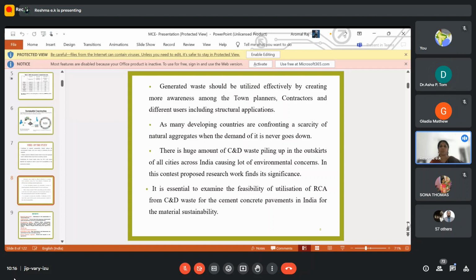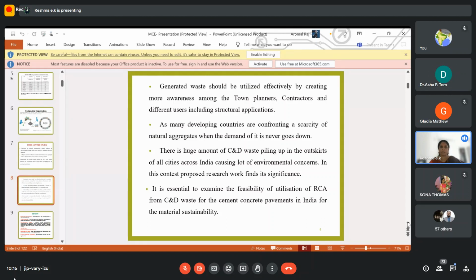But very few studies are on pavement quality concrete, that is for slab, PQC. For cement concrete pavements, we call it pavement quality concrete, which is of M40 grade. So that is called a structural application. I'm not talking about any other structures. I'm talking about only cement concrete pavements here, which is M40 grade concrete. So throughout my studies, I have used only M40 grade concrete, which is a prerequisite for pavement quality concrete, that is PQC, for cement concrete pavements.